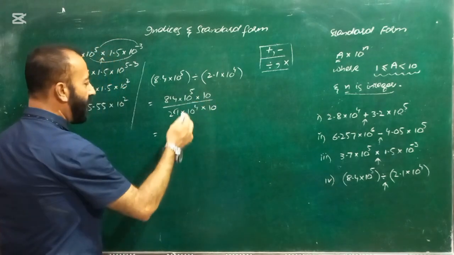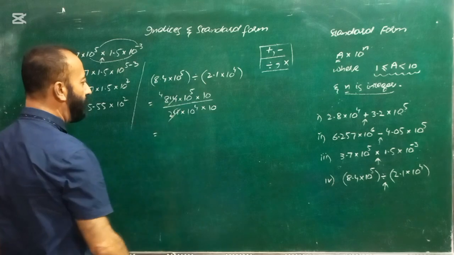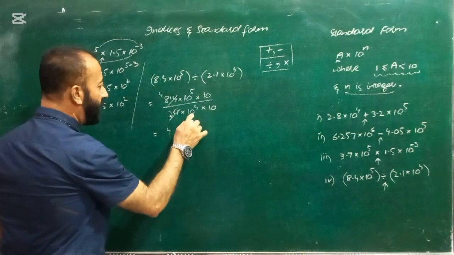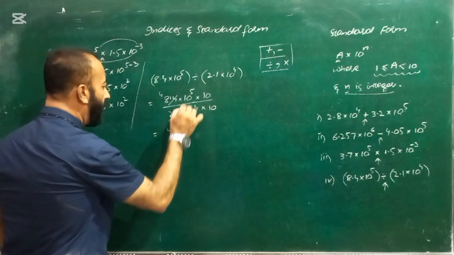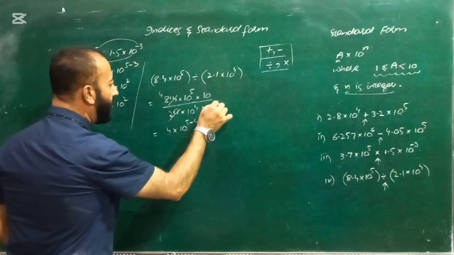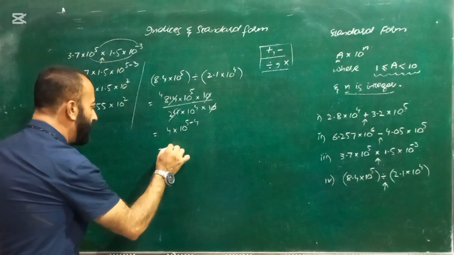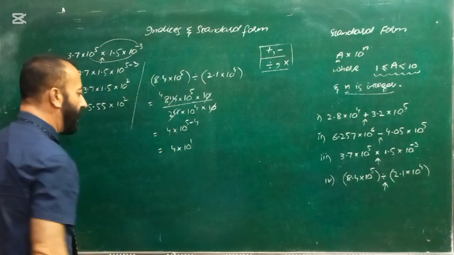So at this stage cancellation will be there, so 21 4s are 84, so 4 is there. Then bases are same and they are dividing with each other, so upper power minus lower power, and this 10 will be cancelled. So now solving it, 4 multiplied by 10 raised to power 1.